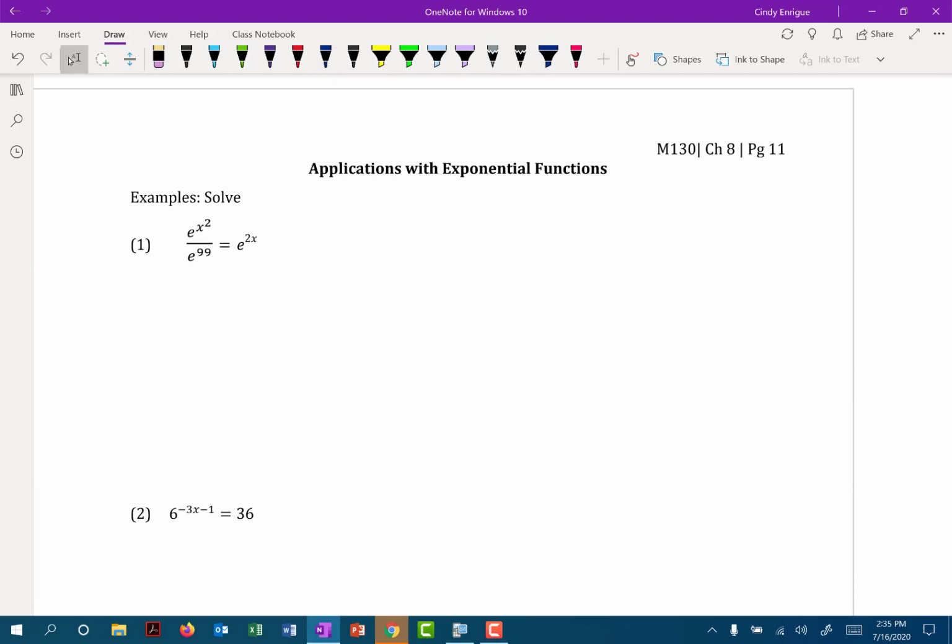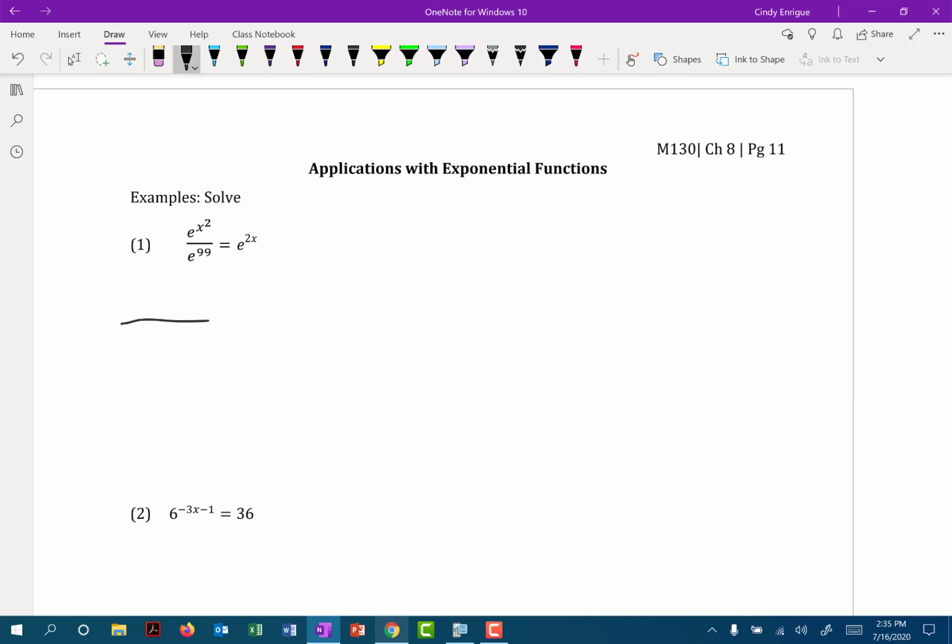For number 1, it wants you to go ahead and use some properties of exponents that you know. So you know how to do this. So what I can do here is multiply by e to the 99 to both sides.